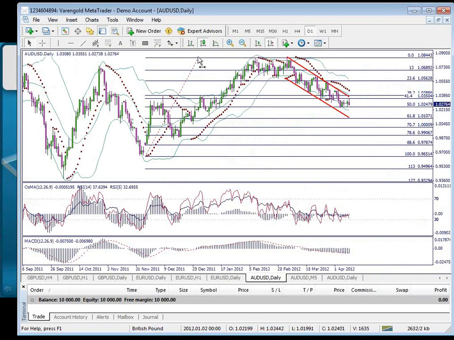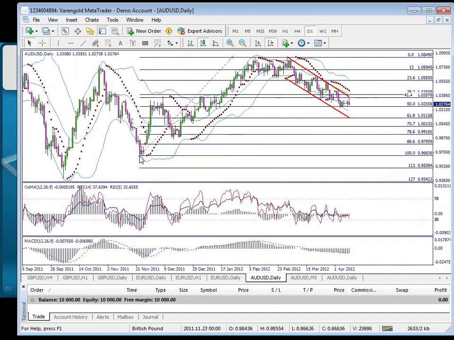I will adjust the Fibonacci. So this is what is happening with Aussie dollar on daily. On this period, we have one downtrend. The pair is testing the 50 level. Probably it will test 30.2, 41.4.